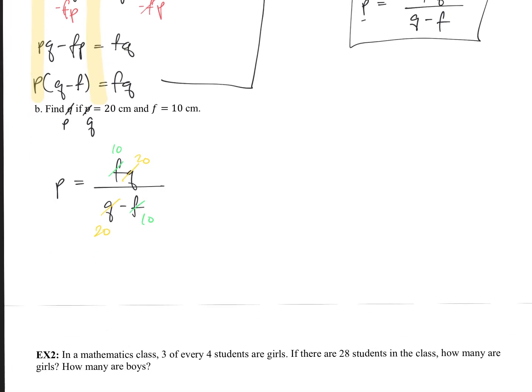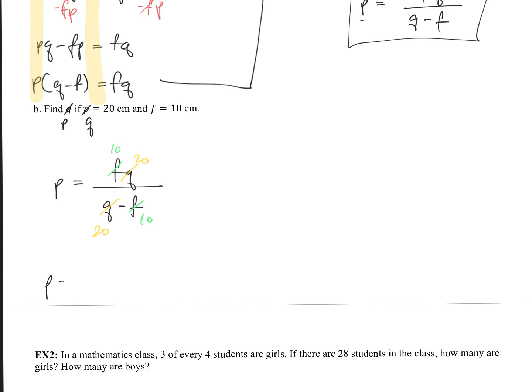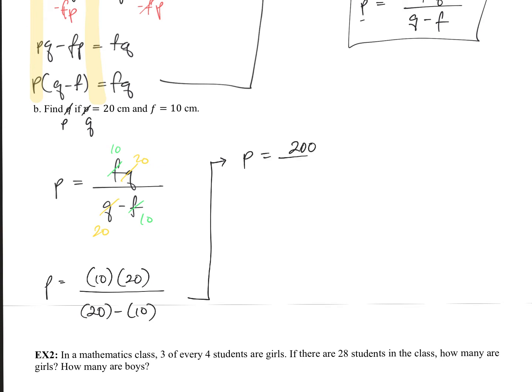So let's go ahead and show the substitution for that. That is something I'll be looking for. Make sure you do these substitutions, especially when you're given a formula. So that's going to be 200 divided by 10. And then we can just go ahead and cancel the zeros. I love division with hundreds.